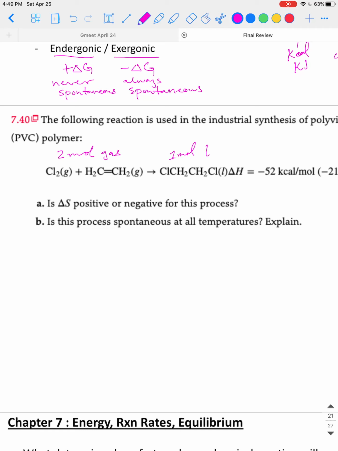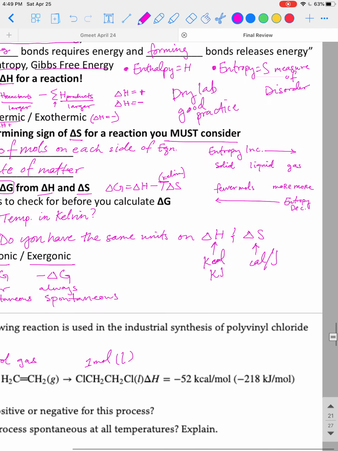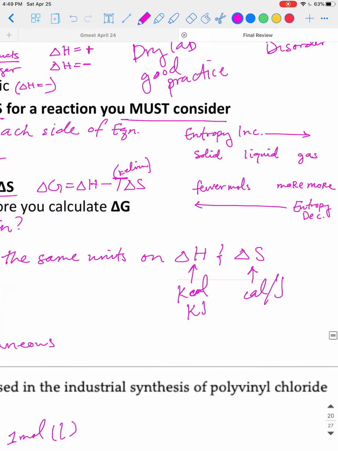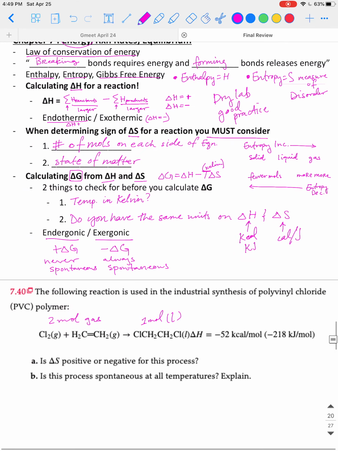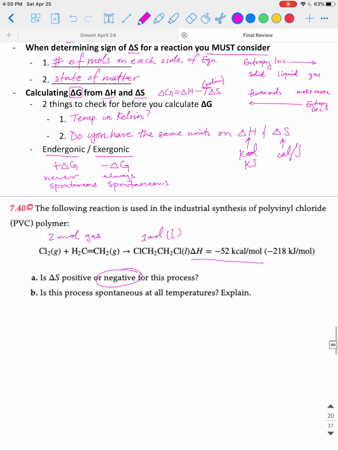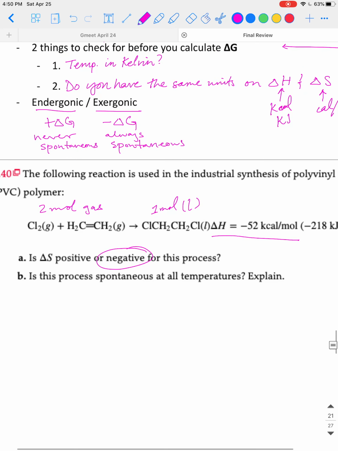So we have 2 moles of gas on the reactant side, and we have 1 mole of liquid on the product side. So remember, as you go from gas to liquid, entropy decreases. So delta S here is negative. Okay. Also, delta H is negative.